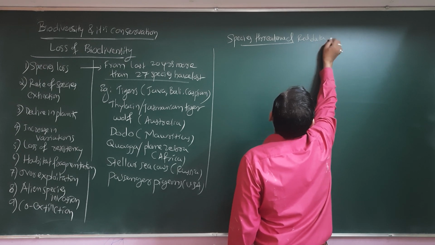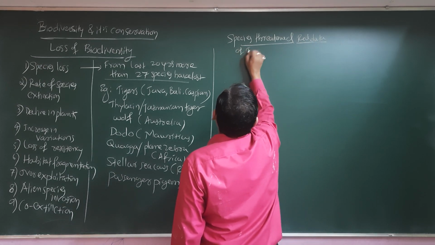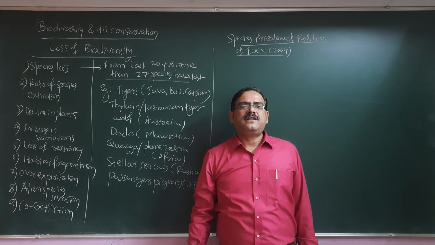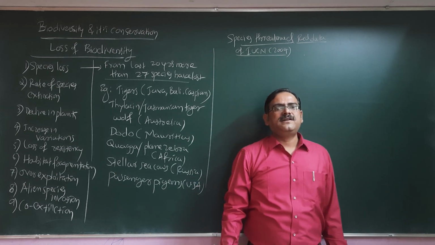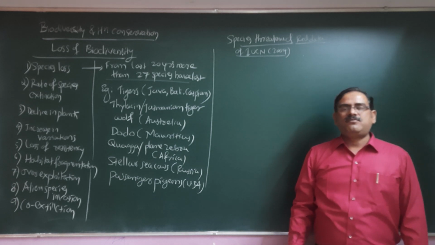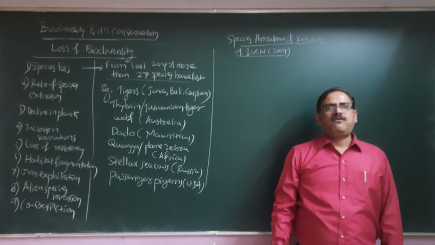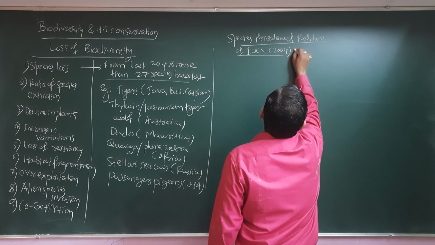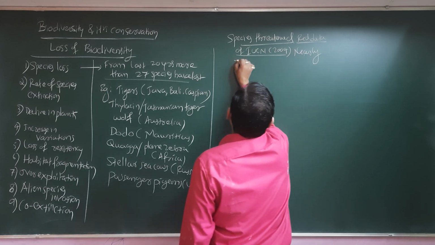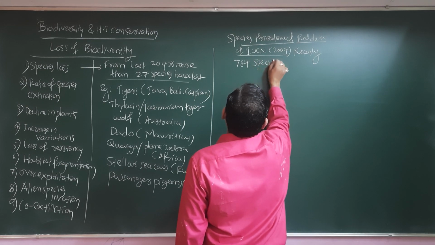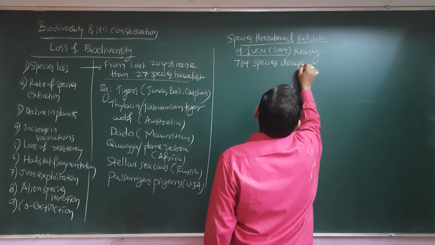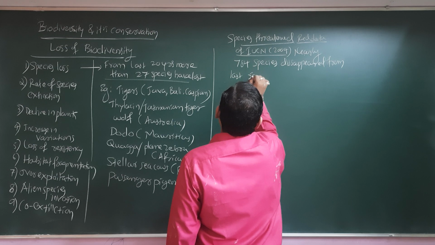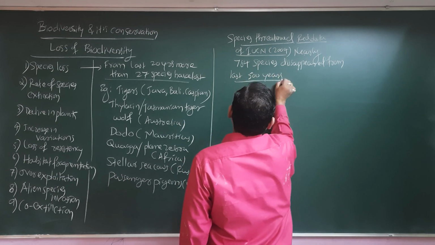The Red Data of IUCN 2004 says that nearly 784 species have disappeared from the last 500 years. What are those?